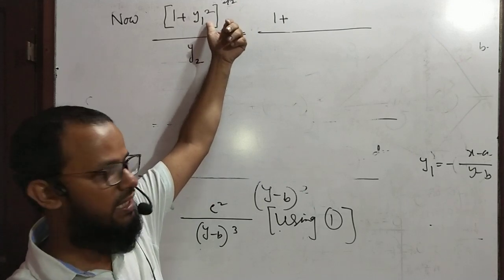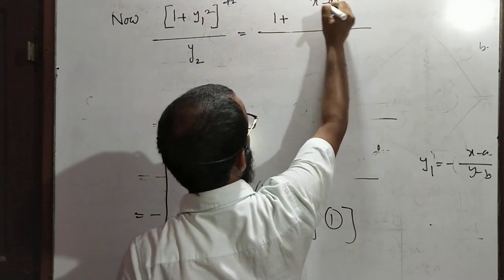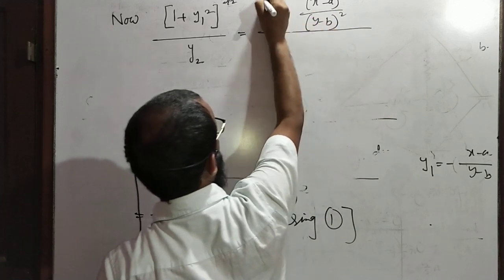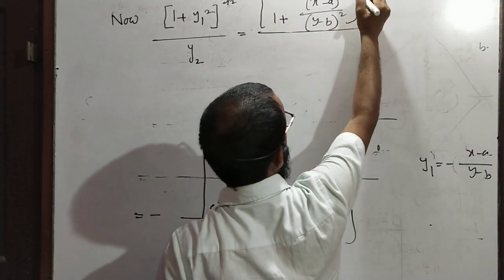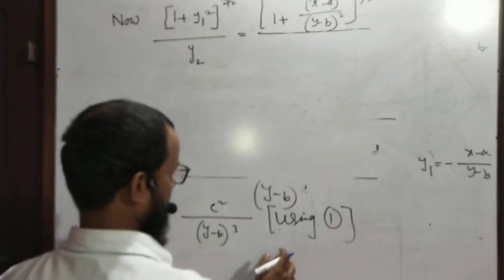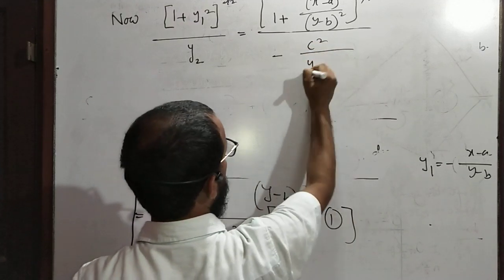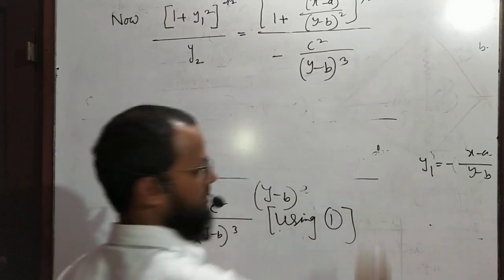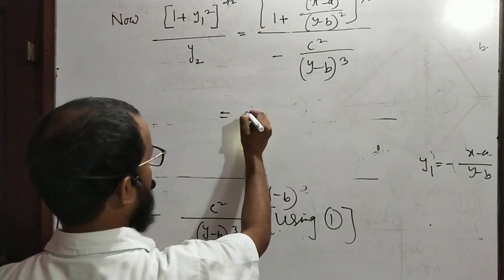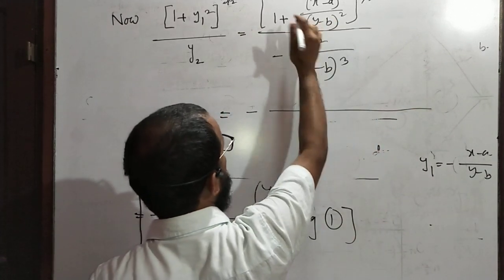Squaring करोगे तो क्या होगा? x minus a whole square by y minus b whole square, whole to the power 3 by 2, divided by y2. y2 is what? Minus c square divided by y minus b whole cube. Some lengthy calculation is there in this particular problem. So minus, ये minus इधर आएगी, उसमें थोड़ा सा कैलकुलेशन चाहिए.